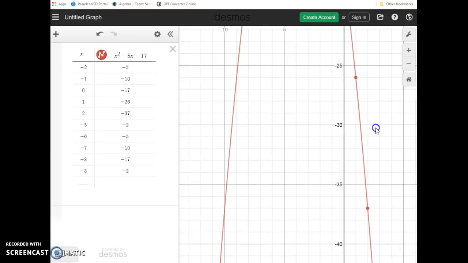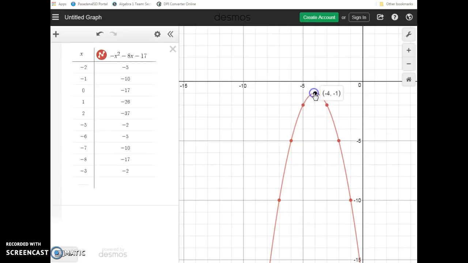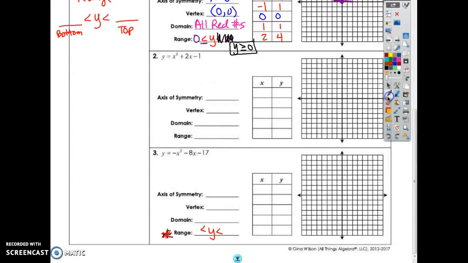So -infinity is the lowest that it goes to, the bottom. What is the topmost point that it goes to? -1. So the lowest is -infinity, the highest is -1, and it equals to it. So I don't need this part, I only need this part. It's all the numbers less than or equal to -1. Okay, so you guys are going to finish the rest of it.